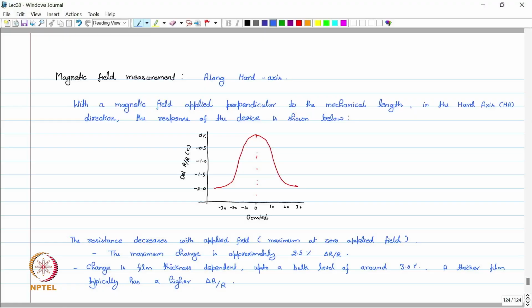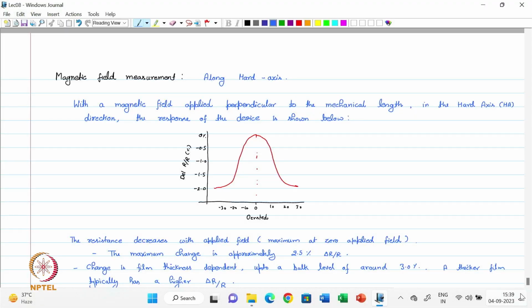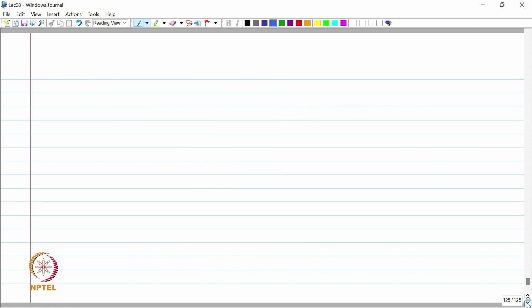So now the magnetic field measurement along the easy axis.